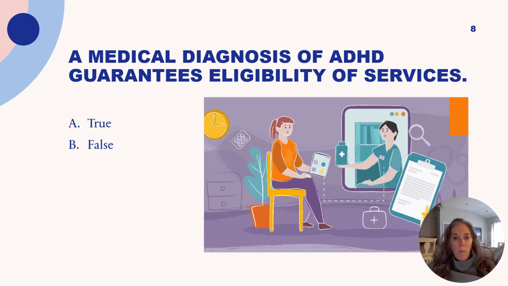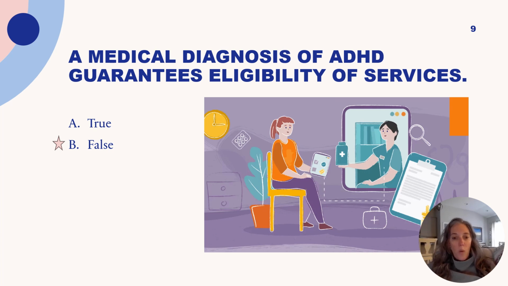Okay, this question is, a medical diagnosis of ADHD guarantees eligibility of services. True or false? And the answer to this one is false. So ADHD eligibility is provided under the other health impairment disability category.